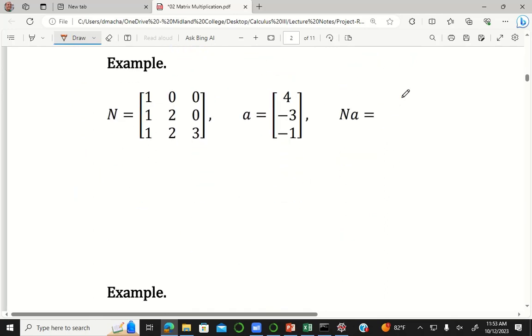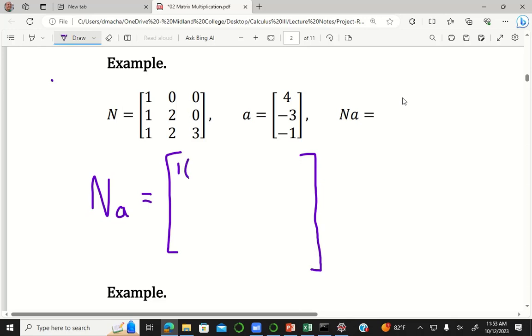Okay, what about this one? I've got a matrix N times a vector A. And the product is going to be a vector where the entries are the dot product, so it's going to be 1 times 4 plus 0 times negative 3 plus 0 times negative 1.